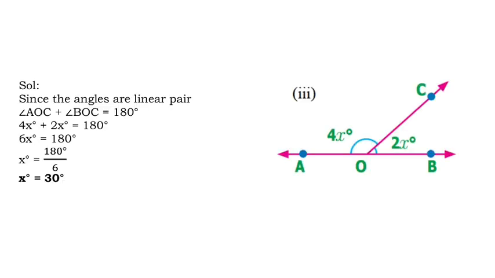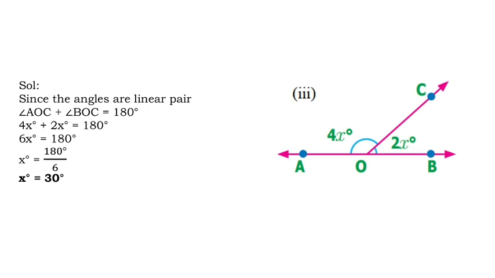Third part, find the value of x degrees. Since the angles are a linear pair, angle AOC plus angle BOC is equal to 180 degrees. 4x degrees plus 2x degrees is equal to 180 degrees. 4x plus 2x is equal to 6x.